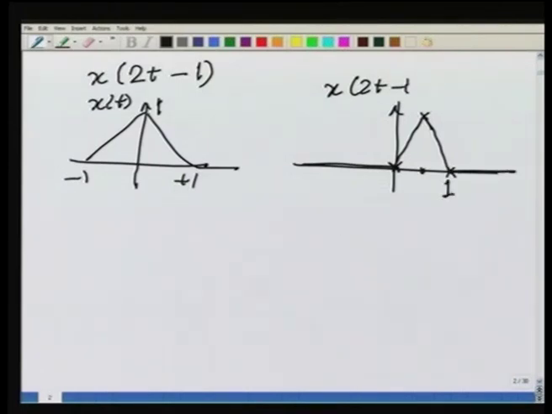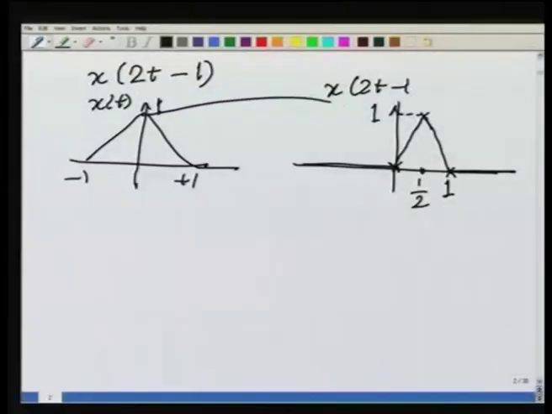Where this is the point 1 on the time axis, this has an amplitude of unity, and this is 0, and this is of course half. Again, if we wish to note the correspondences between respective points, here we see that the maximum has come to the maximum as usual.